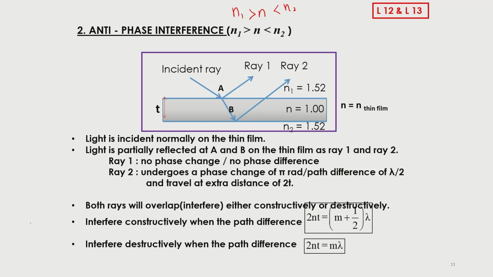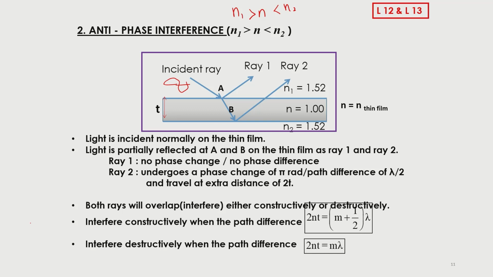Okay, now let's see whether ray 1 undergoes a phase change or not. For example, the incident wave is positive, negative. The refractive index of medium 1 is 1.52 and the refractive index of the thin film is 1. Does it undergo phase change or not?